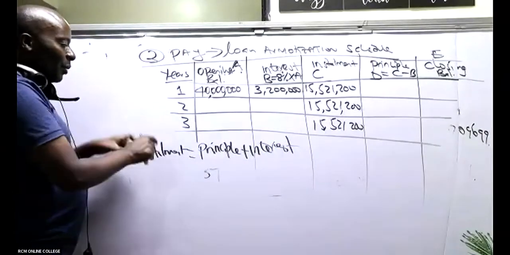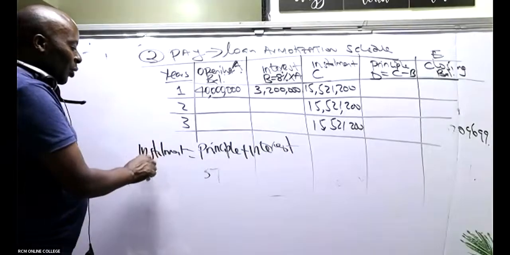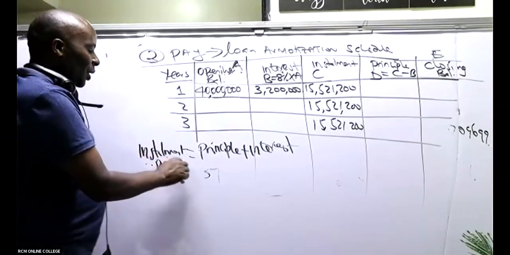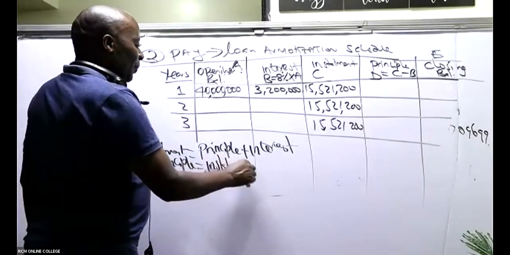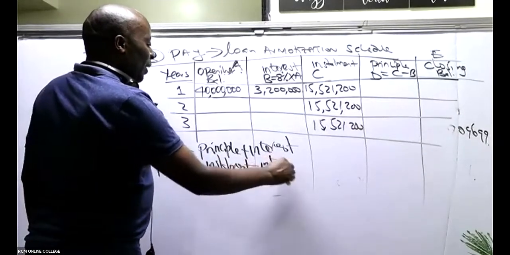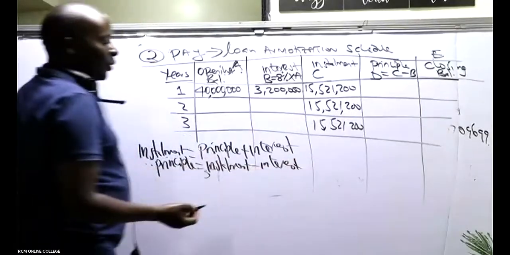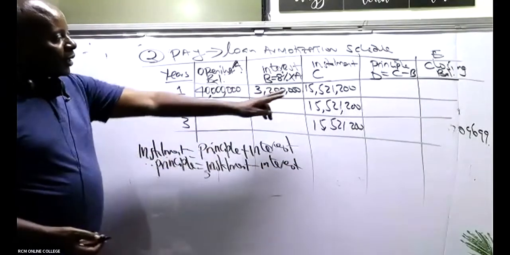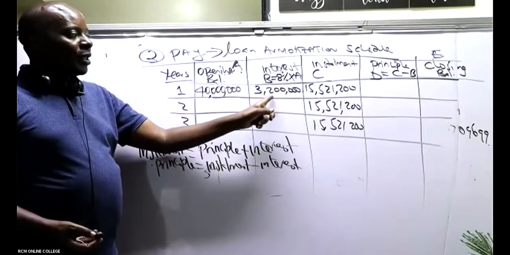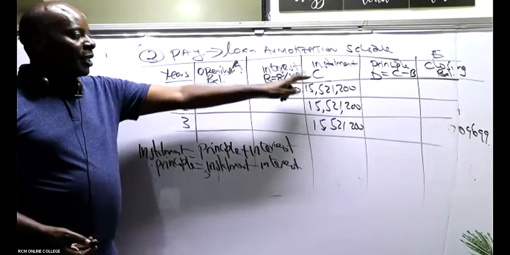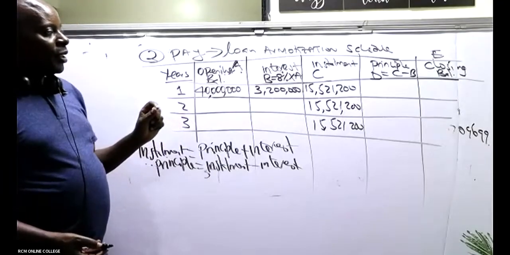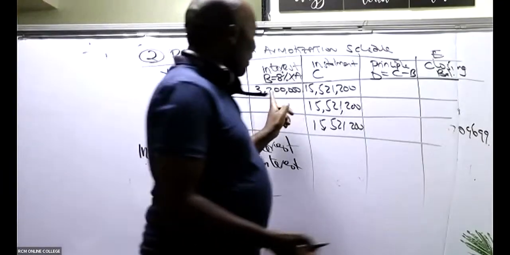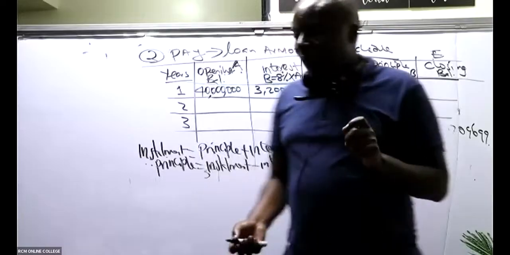Now that I have installment and I have the interest, to get principal is very easy. I will take the installment minus the interest. So I will take the installment that I have paid minus the interest, so basically column C minus column B. So in this case, 15,521,200 minus 3.2 million gives me how much principal?